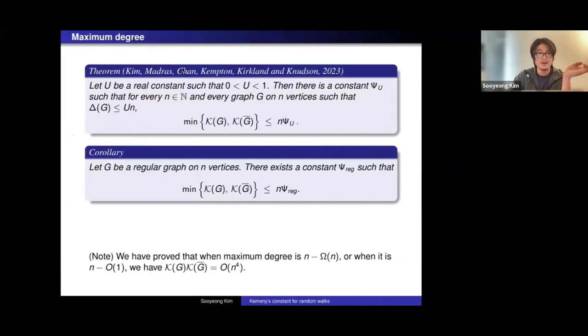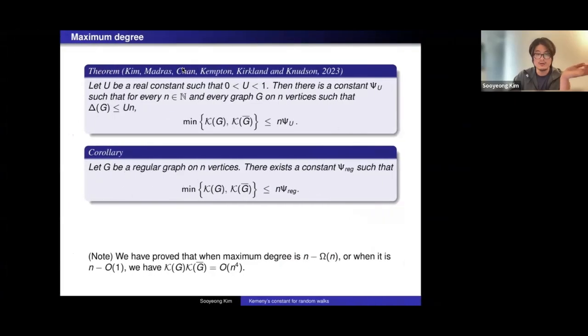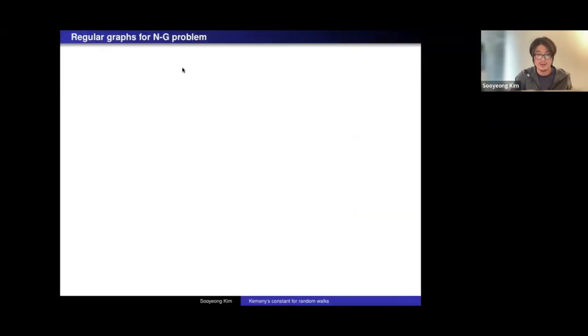So, okay. Now let me introduce some various families to give you some sense of how graph structures affect Kemeny's constant. Let's consider regular graphs for the Nordhaus-Gaddum theorem problem. We have seen this relation between Markov index and Kemeny's constant.